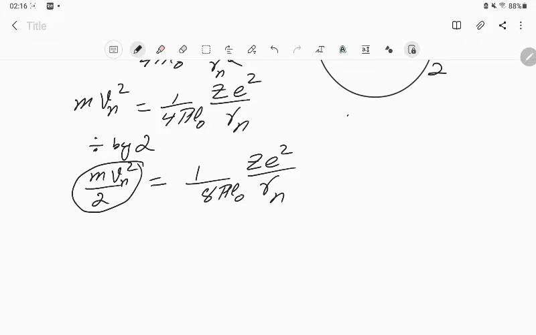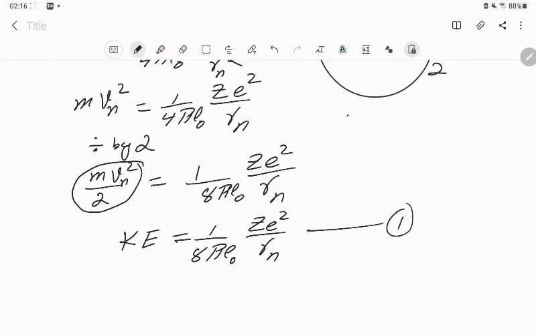This part is the kinetic energy of the electron of mass m when it moves with velocity v_n. One by 8 pi epsilon naught Ze square by r_n.